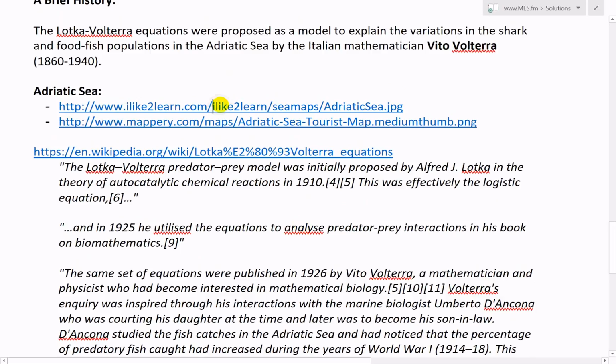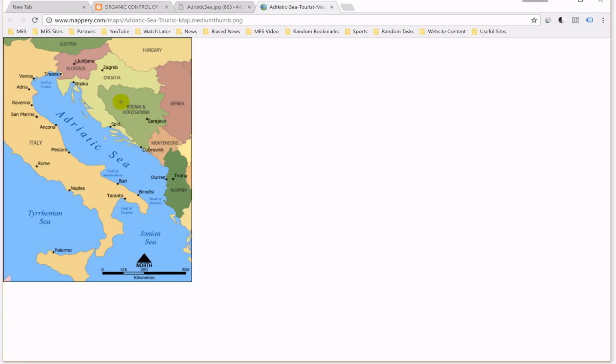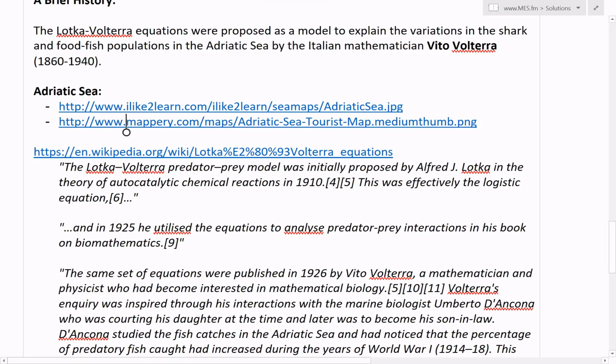And just for your reference, here is where the Adriatic Sea is on the world map: it's over there, just above South Africa, and it's in Europe. Then you click a closer look, and as you can see, it's just above Italy, below Croatia, Slovenia, etc. So that's the Adriatic Sea.